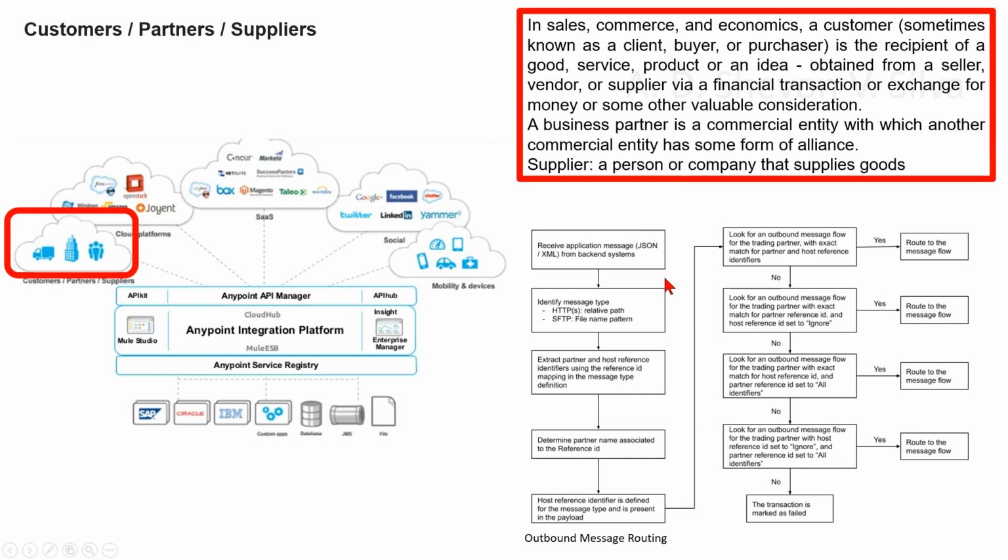Or follow a balanced approach by implementing a mixed set of receive endpoints to receive application messages from the backend systems. When messages are received by the endpoint, Partner Manager routes the payload to the appropriate message flow based on the message type, partner reference ID, and host reference ID configurations.